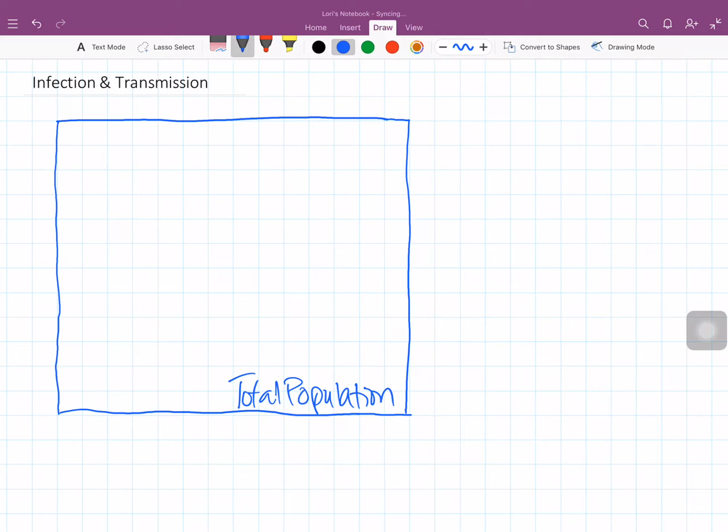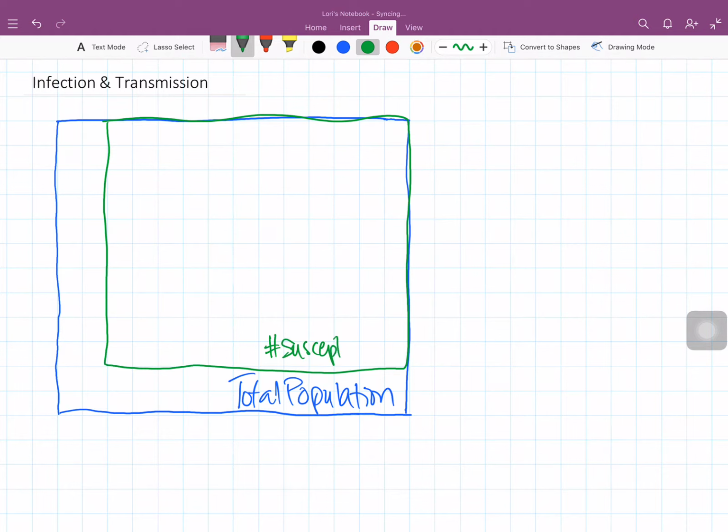So I'm going to draw that with a green line, and we'll go ahead and just put that in here like so. And this is our number susceptible. Specifically, the number susceptible is those who could possibly get that particular infection that we're talking about.